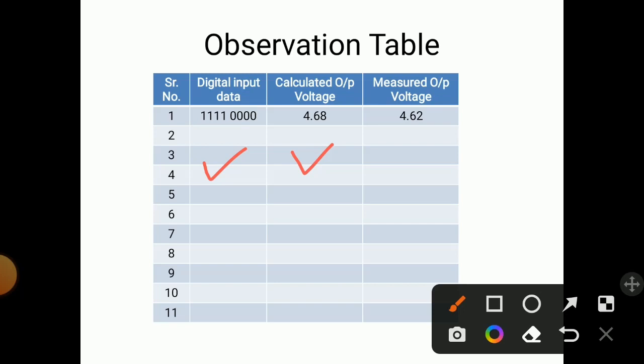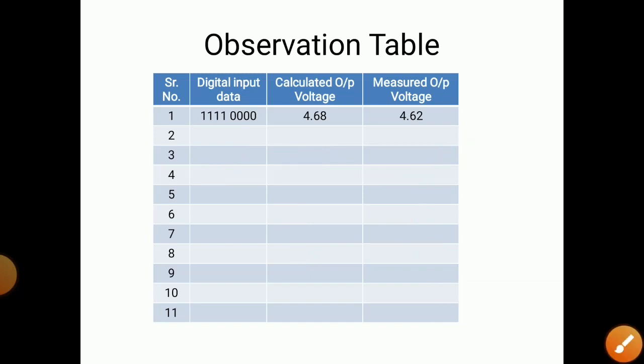With the help of the formula we calculate the output voltage, and we can also measure the output voltage through the multimeter. This one is with the help of the formula, and this is from the experiment. Both readings should be close to each other. Like this we have to note down, for all combinations of 0 and 1, the calculated output voltage and the measured output voltage.